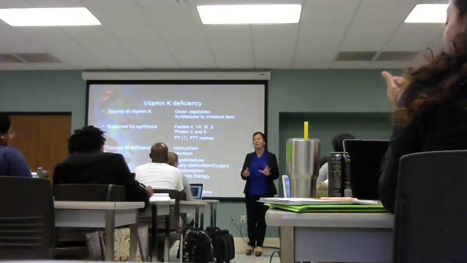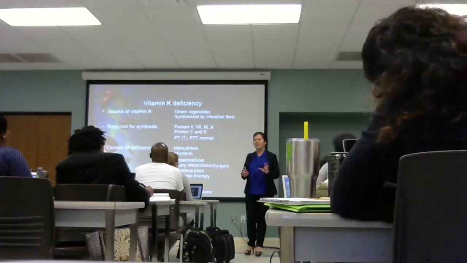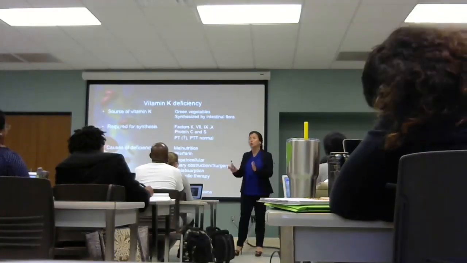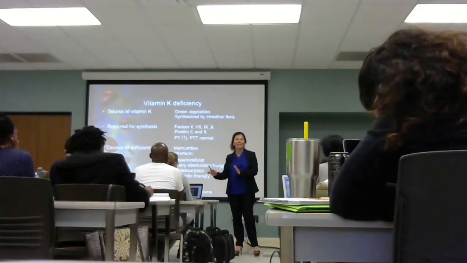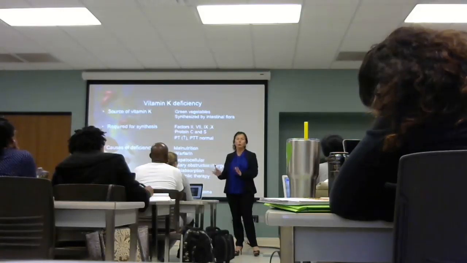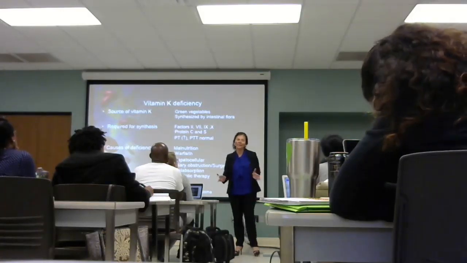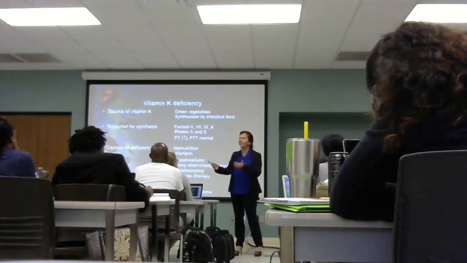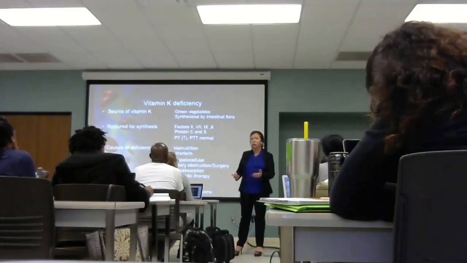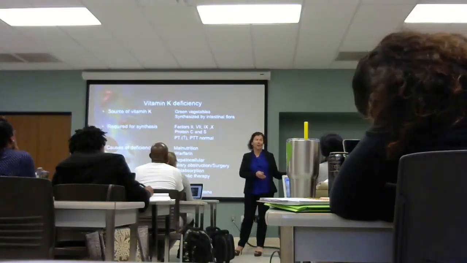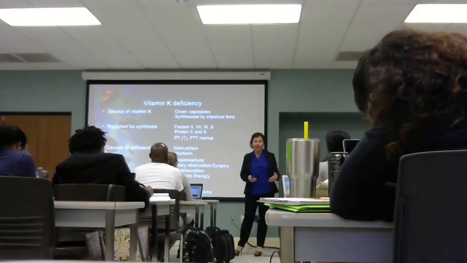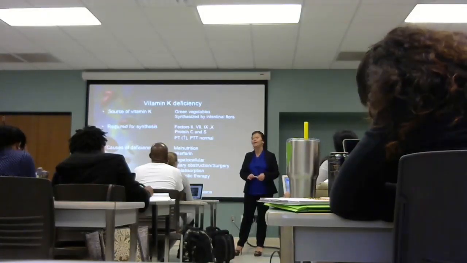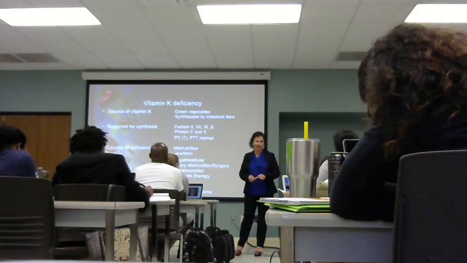Anytime the intestinal flora, or the absorption of nutrients at the level of the intestine, is affected, producing ischemic changes at the level of the intestine, or affecting the liver, not only will it affect the coagulation cascade with coagulation factors, but also vitamin K production, and the patients can bleed.